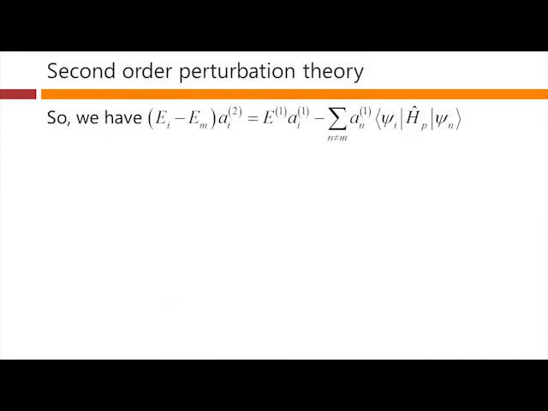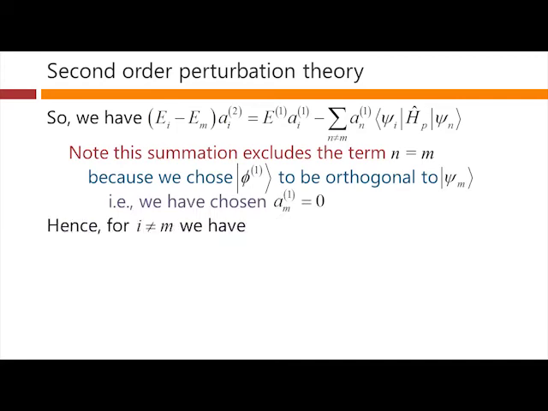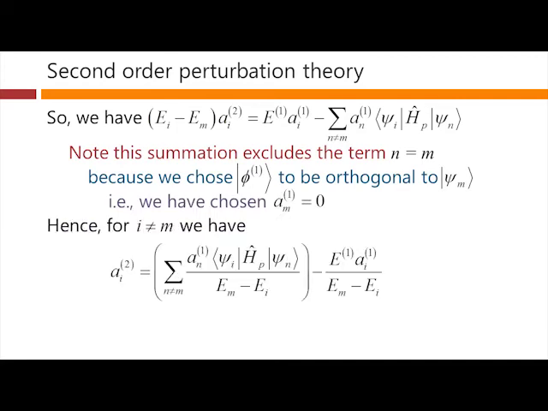So finally then we have, from the left, this term here, from the right, all of these terms. Note the summation, as before, excludes the term n equal to m, because we chose this orthogonality. Hence, for I not equal to m, we have this expression here. So I not equal to m, so that this is not 0.